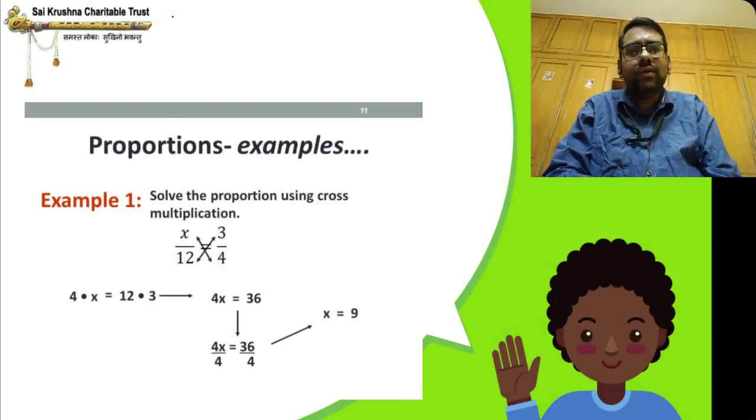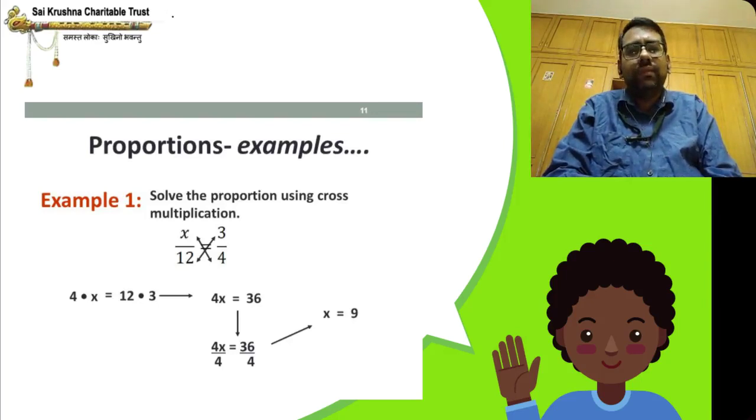Solve the proportion using cross multiplication. x by 12 is equal to 3 by 4. So x is the numerator 1. You are given denominator 1, numerator 2 and denominator 2. Denominator 1 is 12, numerator 2 is 3, denominator 2 is 4.